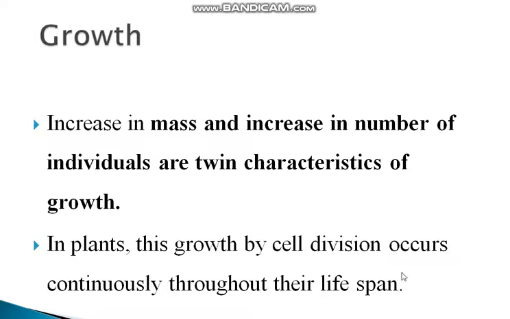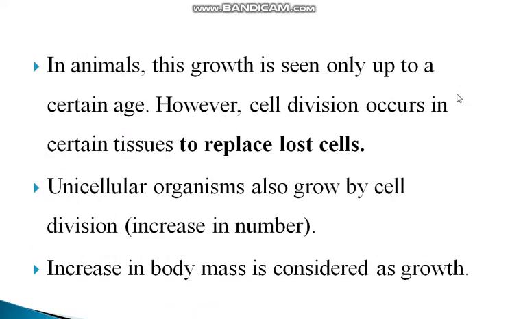Next, move to growth. Increase in mass and increase in number of individuals are twin characteristics of growth. They are the two sides of growth. In plants, growth by cell division occurs continuously through their lifespan. In animals, growth is seen only up to a certain age.